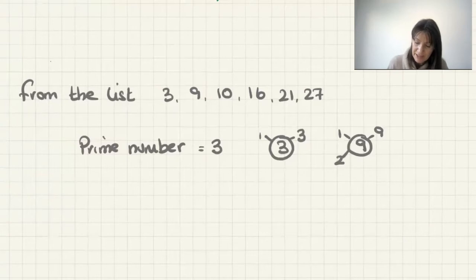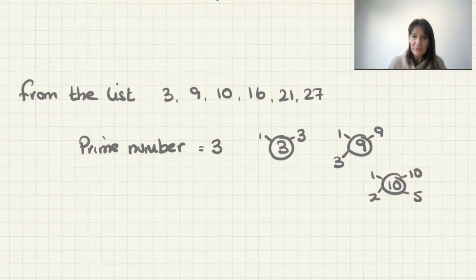And then 3 times 3 makes it. If I look at the number 10, I've got my 1 and 10, but then I've got my 2 and my 5. So the minute I go over 2 factors, the minute I go over the factors 1 and itself, it is no longer prime. So this is the only one that doesn't appear in any other, and that is why.